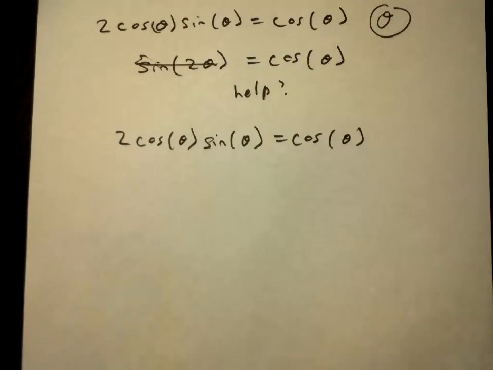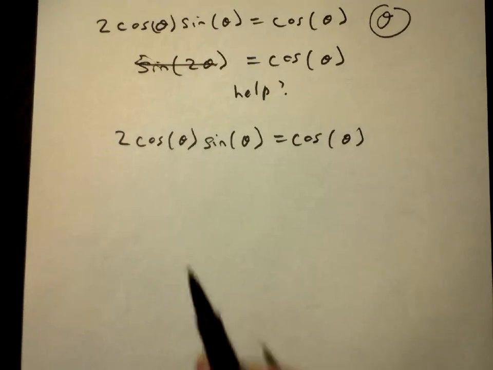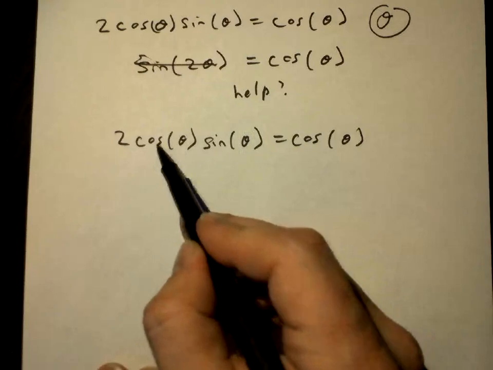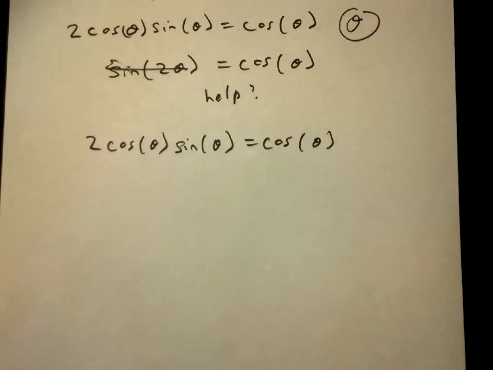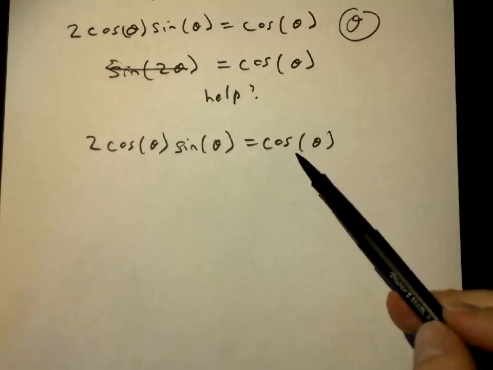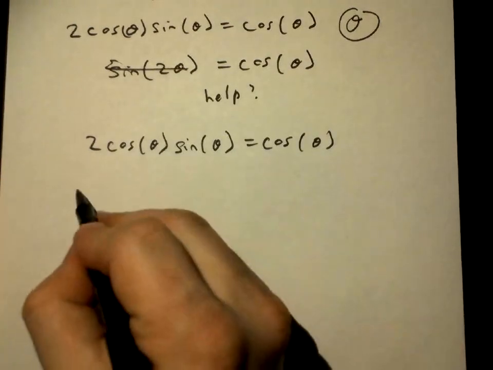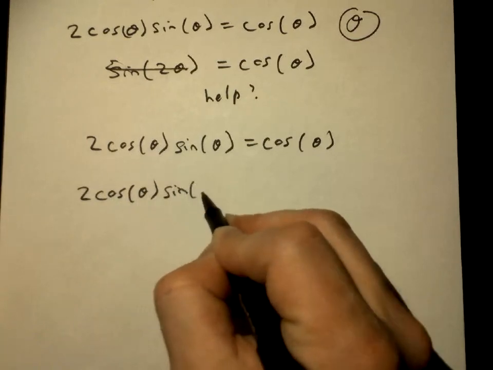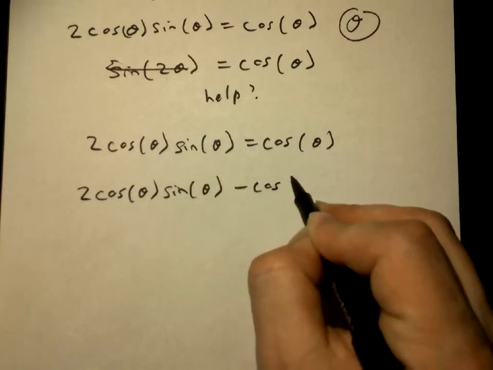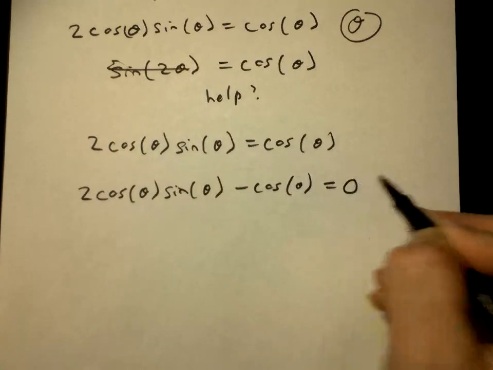All right, so we're back to this one. So what are we trying to do? We're trying to get sine and cosine. So any ideas? Well, the idea is I'm thinking that I have cosine here, cosine there. Let's go ahead and subtract a cosine and equal to 0.